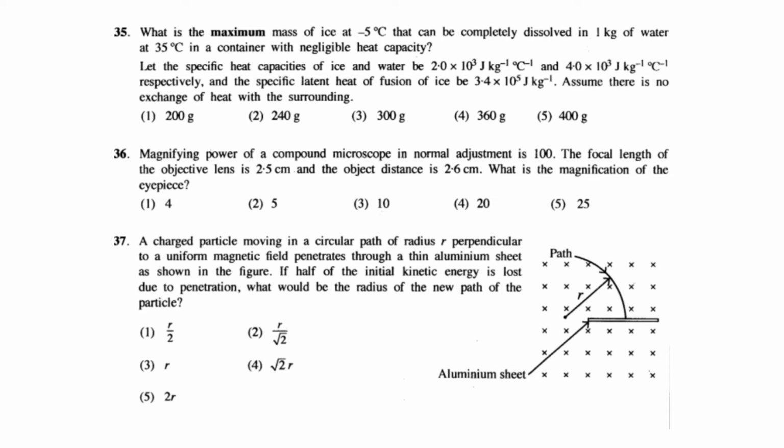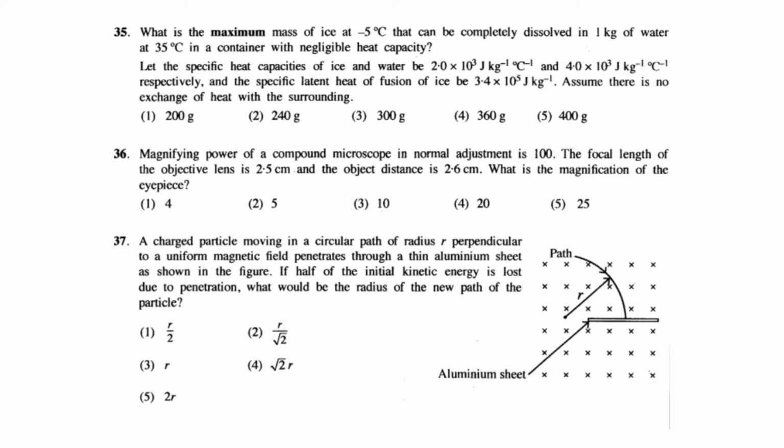Now we write the equation for the kinetic energy. Kinetic energy E equal half m v squared. Half and m are constants, so E is proportional to v squared. And we know that v is proportional to r, so we can write E is proportional to r squared. Then for the next instant, the kinetic energy is half of the previous value.